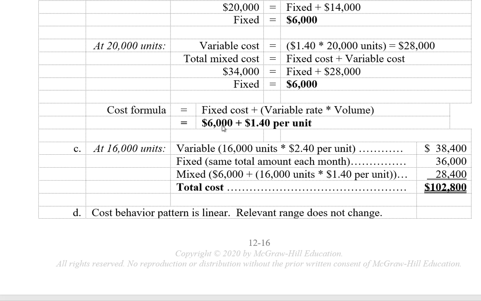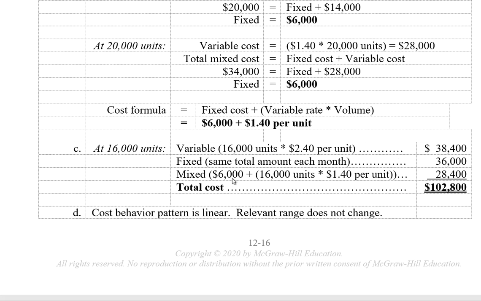So then they give us an example. They say, okay, tell us what our costs are if we run 16,000 units. Well, we can take these numbers. We can take the 2.40 per unit times 16,000 and get this 38,400, and then we know the fixed costs are 36.